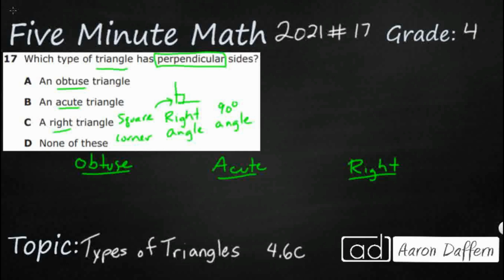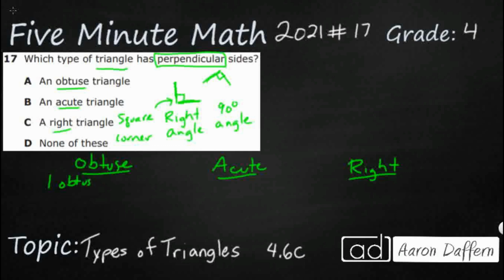And that's what a right angle is. It's got one side that is straight up and one that is straight across. Even if it's rotated a little bit, you could kind of make it look like this, but sometimes they'll put that little square in there.